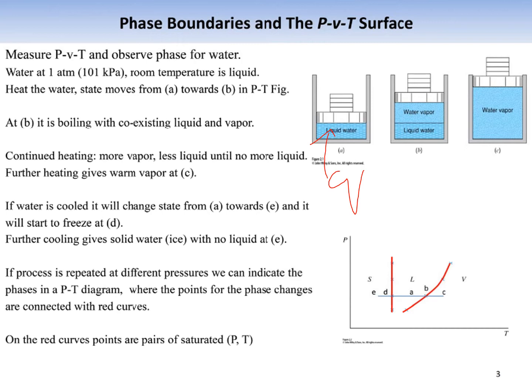Now the pressure will be varying. So initially the volume is small and pressure is at its highest point.